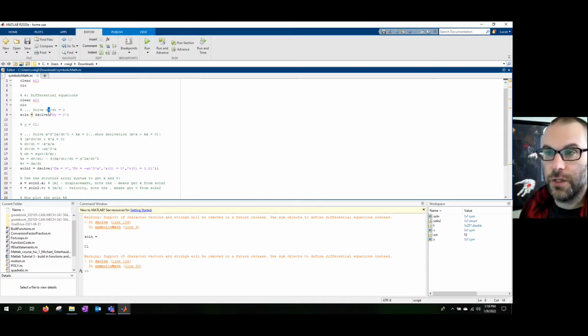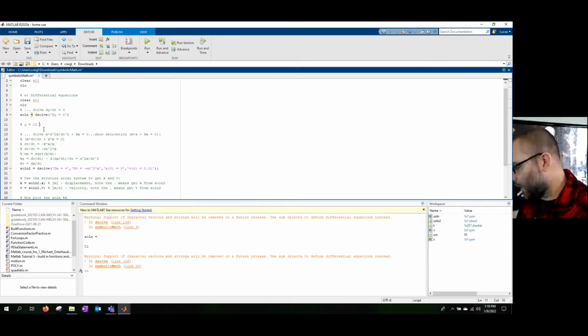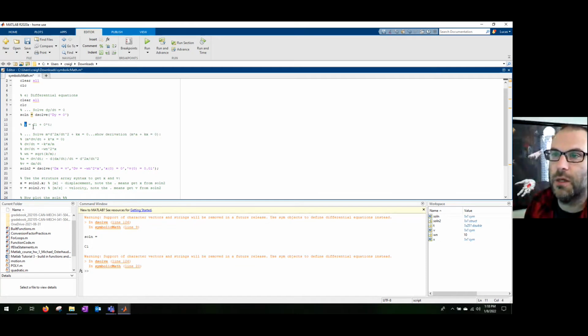In this case, for dy dt equals 0, what y is as a function of t. We solved it and we got y as a constant, but it's actually plus 0 times t if you want to get technical. Because that is y as a function of t.